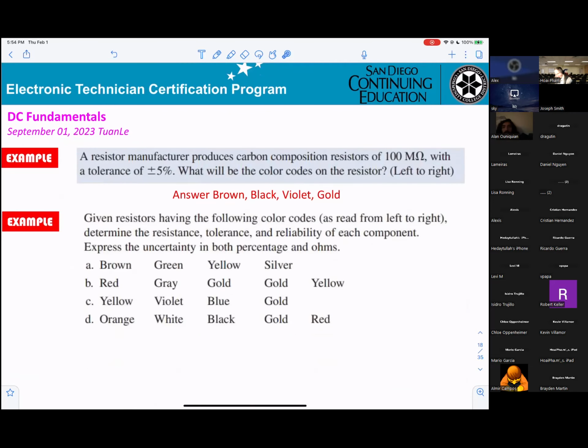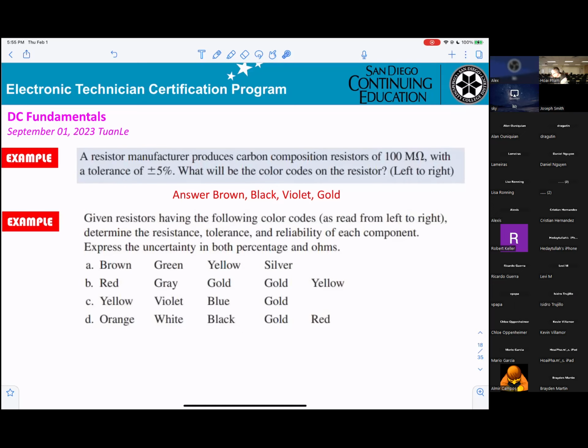That's what they give you here. If the manufacturer produces a carbon composition resistor of 100 mega ohm with a tolerance of plus or minus 5%, what will be the color code on the resistor?